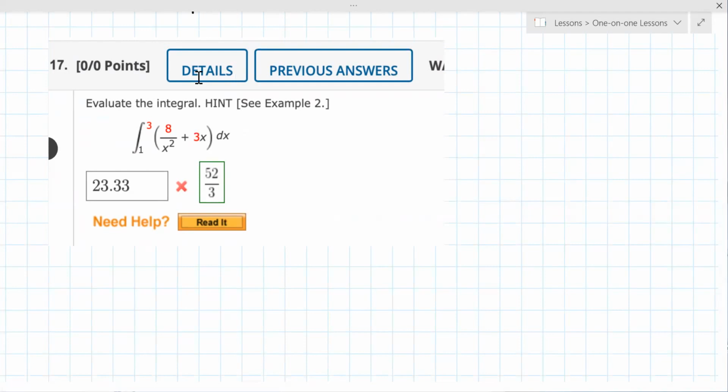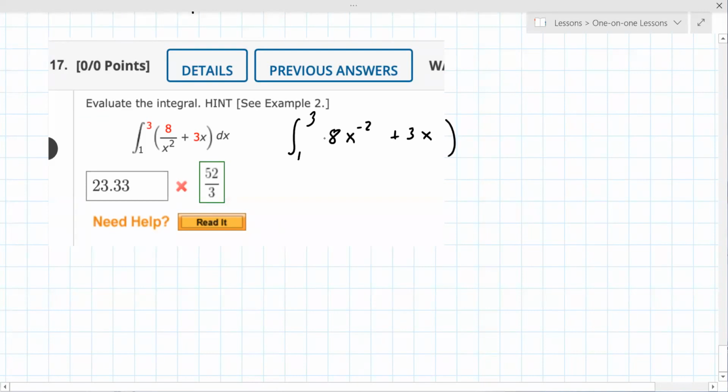So when I see something where x's are on the bottom, I would generally say to rewrite it as 8x to the -2 plus 3x times dx. The reason is that you want to be able to quickly use the power rule to do this.